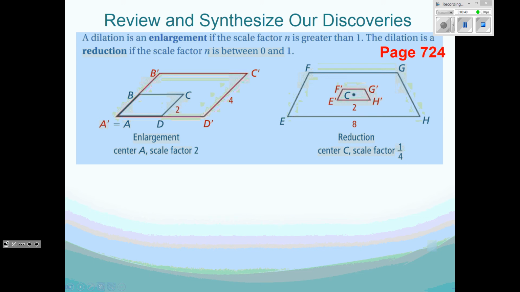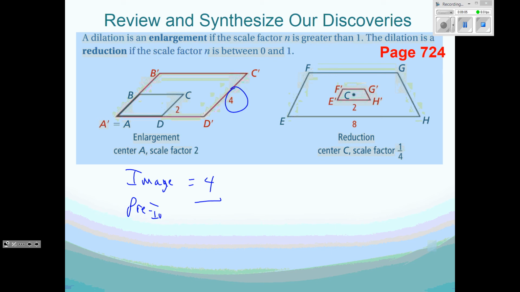Now, one thing too, just to get in our heads about the scale factor, we could figure out scale factor. What was the formula for scale factor? Can anybody remind me? What was our formula for scale factor? Image over pre-image, okay? So image over pre-image. So in this one, image was 4, because the side length here is 4.